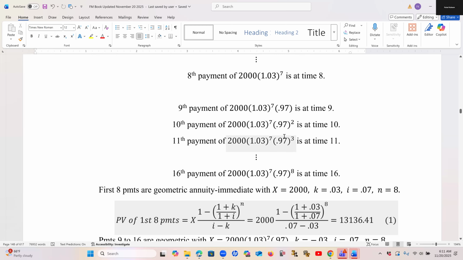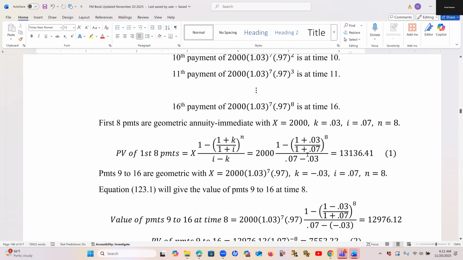Now payments 9 through 16 are also a geometric annuity immediate because there's a constant ratio between consecutive terms. But now the growth rate is negative 3% because it decreases by 3%. The x in the formula represents the first payment of the series. For the payments 9 through 16, the first payment is this one, 1,000 times 1.03 to the 7 times 0.97.